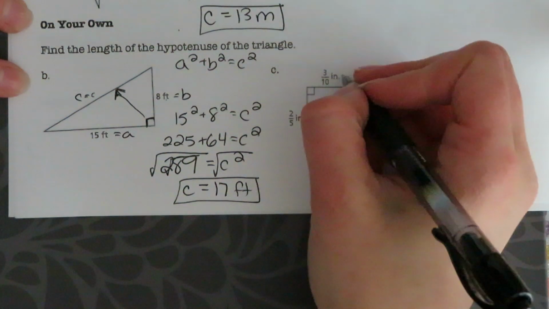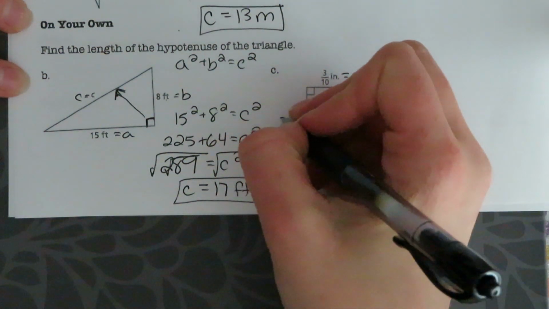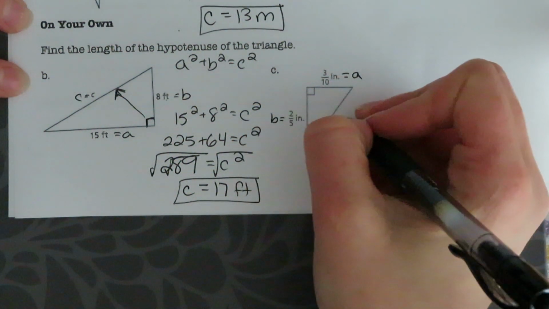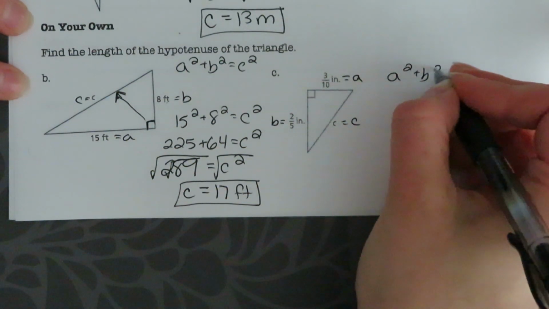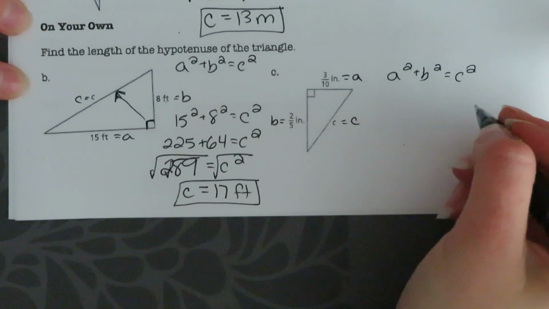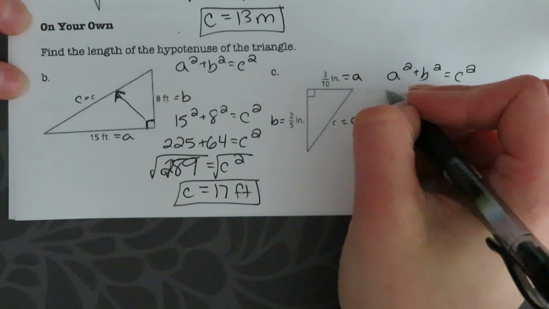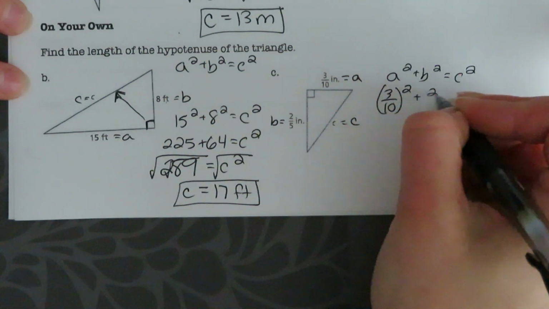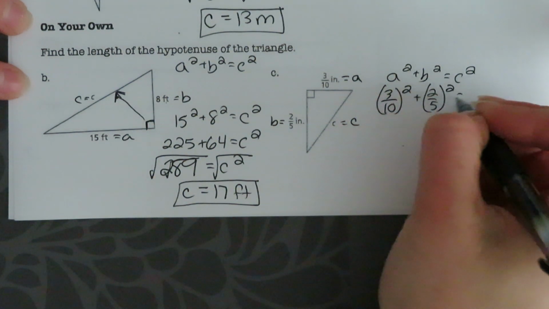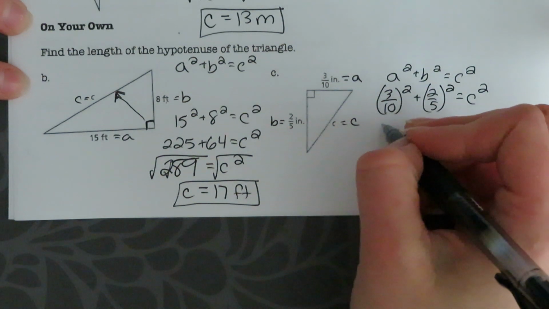All right, letter C. 3/10 can be our A, 2/5 can be our B, and C is going to be our C. A squared plus B squared equals C squared. 3/10, that quantity squared, plus 2/5, that quantity squared, equals C squared.